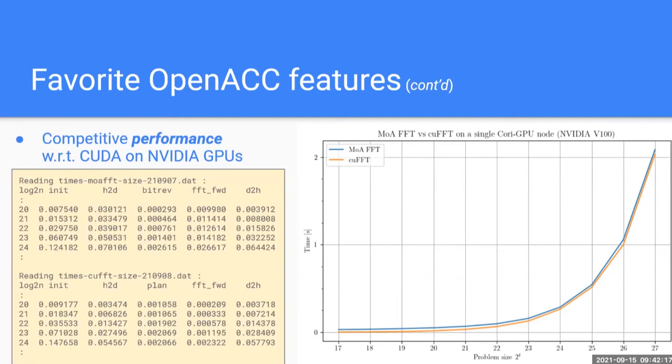And when you add the host to device and device to host, the graph looks like that. The horizontal scale is the problem size in powers of 2. So we went as high as 2 to the power of 27, which, with double complex type, is about 8 gigs of video RAM, I believe.